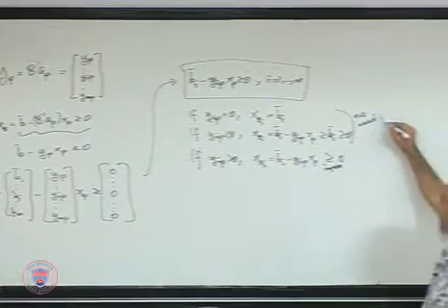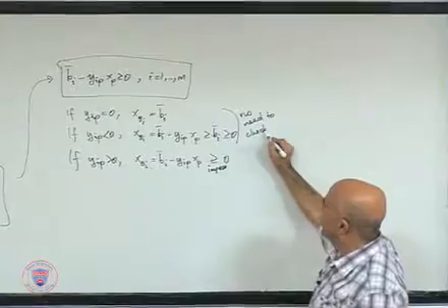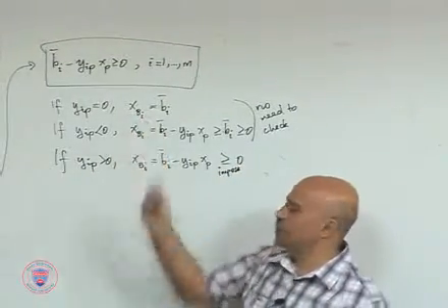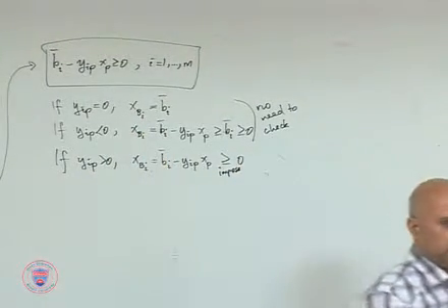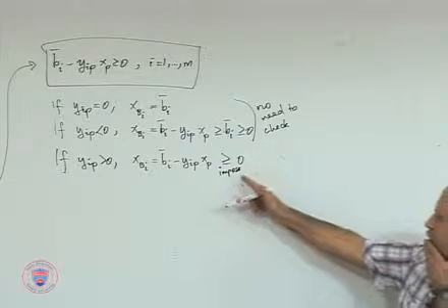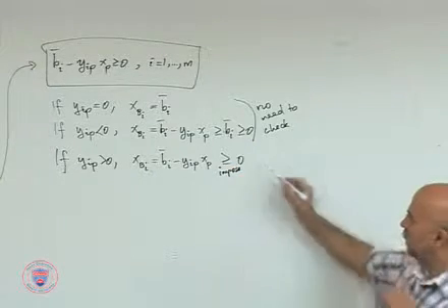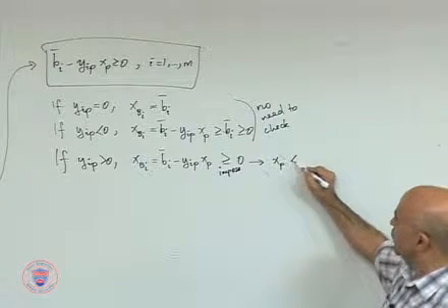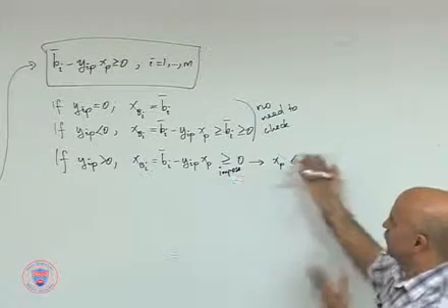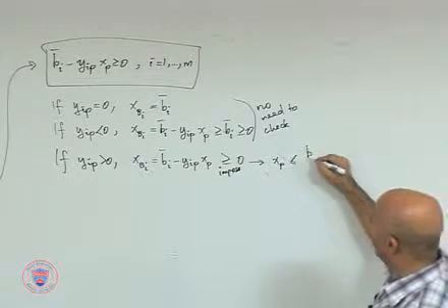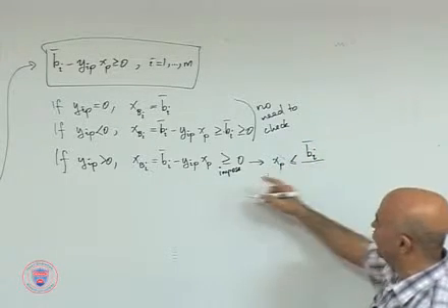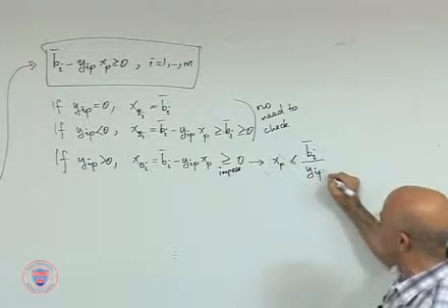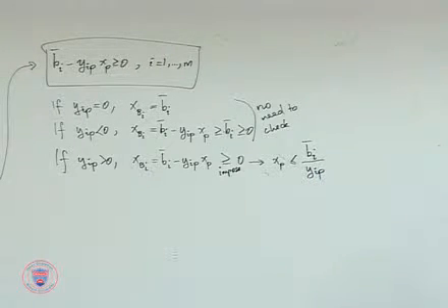No need to check, because they won't make your xpi negative. Okay? This one, you have to pay attention to that. And of course, whenever you impose this, xp is less than or equal to bi bar divided by the positive number yip. That's what you've got. Okay?